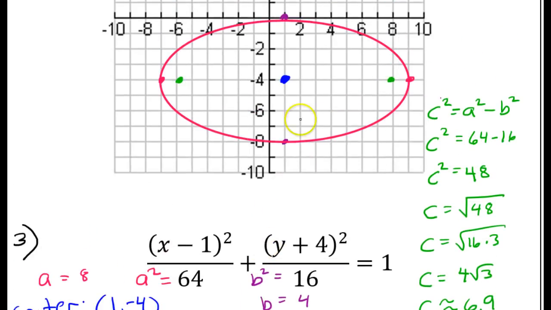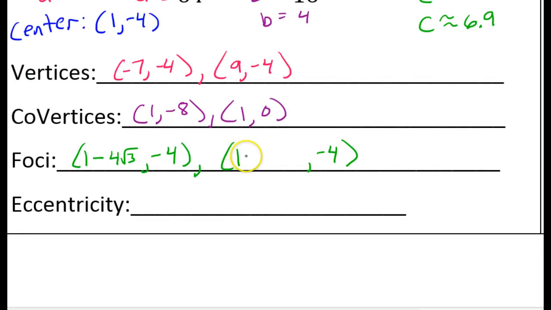Similarly, the other focus, I could think of it as starting at an x value of 1 and going to the right by 4 radical 3. So I'm adding 4 radical 3. So therefore 1 plus 4 radical 3 will be the x-coordinate of that focus. Now the eccentricity is always the c value over the a value.